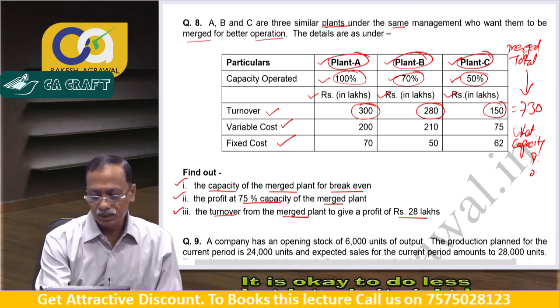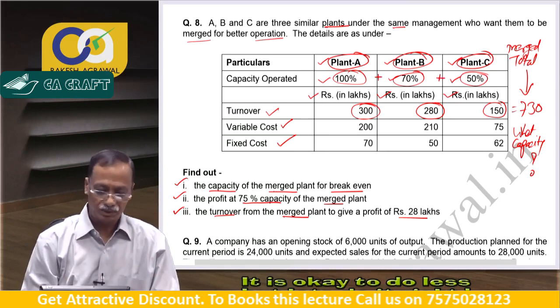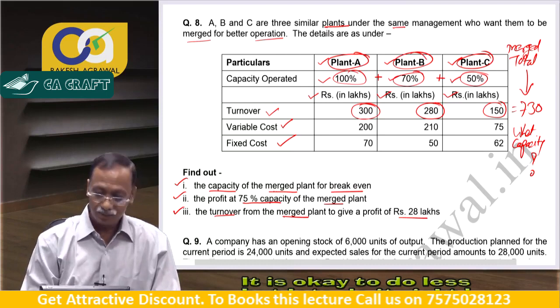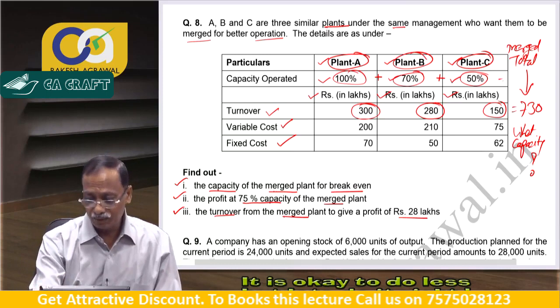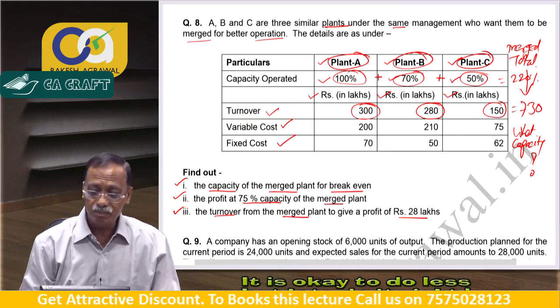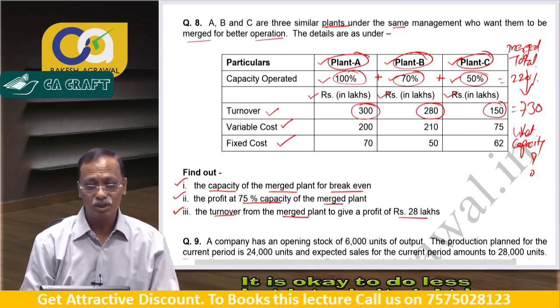Some of you may suggest, sir, take this total 100% plus 70% plus 50%, which becomes 220%. Can I say at 220% capacity of the merged plant the sales turnover will be 730 lakhs? Naturally not.